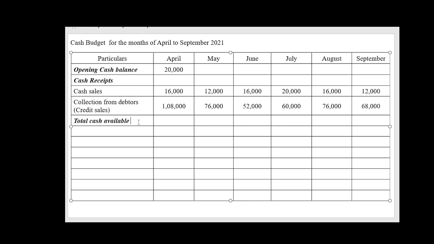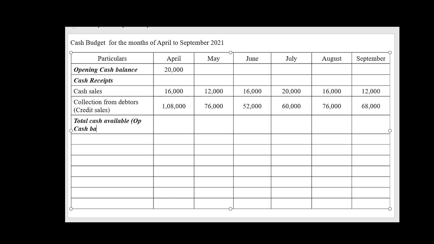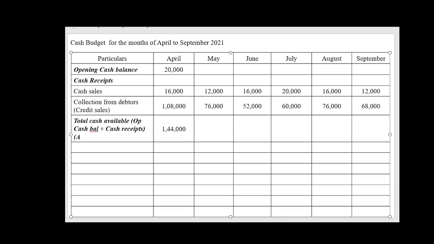So total cash available is opening cash balance plus cash receipts. Okay, so we need to add these three. So 20,000 plus 16,000 plus 1 lakh 8,000 will be 1 lakh 44,000. Let us mention this as A.